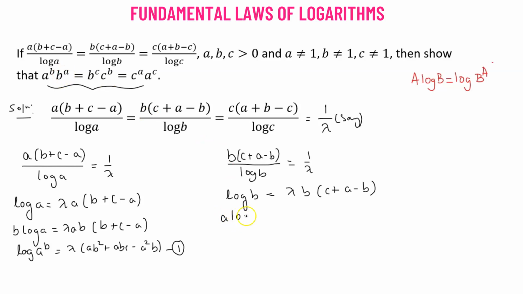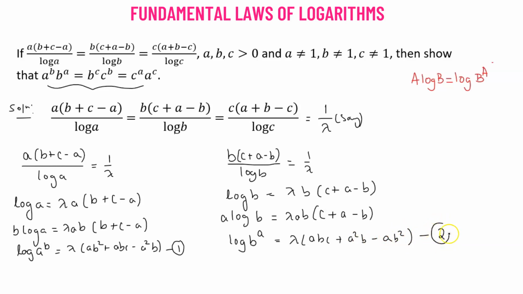So we have a times log of b equals lambda times ab multiplied by (c + a − b). That means we can use the property of logarithm to get log of b raised to the power of a, which is equal to lambda times ab multiplied by (c + a − b). This gives us abc plus a squared b minus ab squared. So we'll label this as equation number 2.